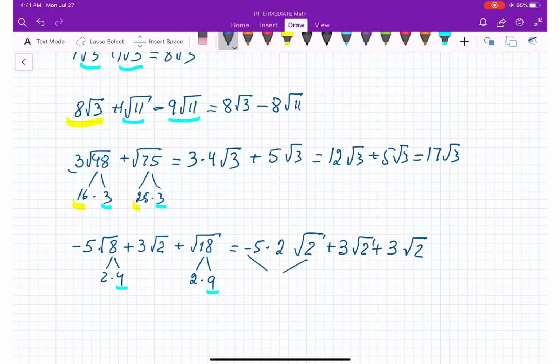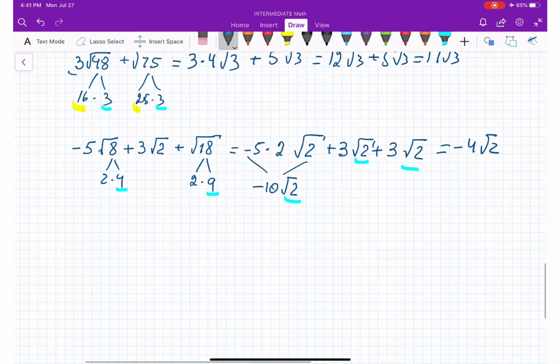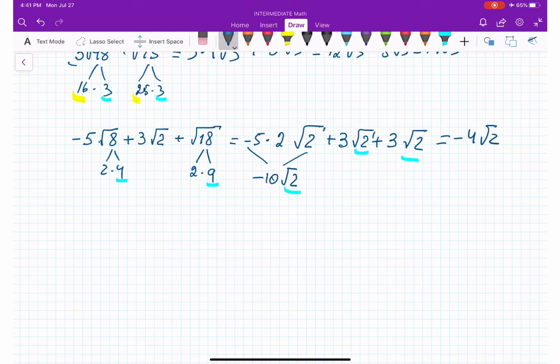This is going to be negative 10 square root of 2, square root of 2, square root of 2. Excellent, we can add to each other. Negative 10 plus 3 is negative 7. Negative 7 plus 3 is negative 4. So negative 4 square root of 2. Okie dokie. Moving to the next one.